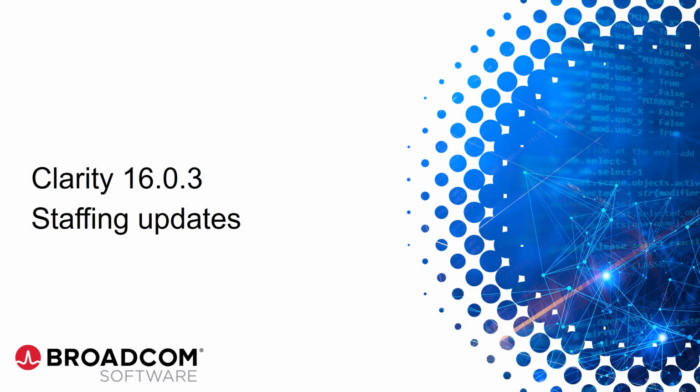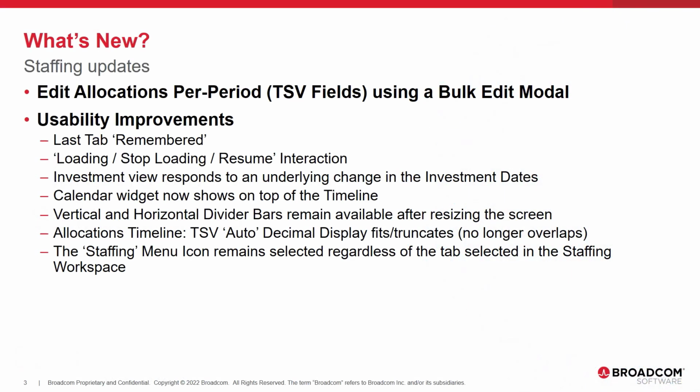In this section, we will review the enhancements for the Staffing Workspace. So what's new? The marquee feature for the Staffing Allocations Timeline Workspace is the ability to edit allocation data per period for a selected resource. The Resource Manager will see all the projects, ideas, or custom investments allocated to the resource.